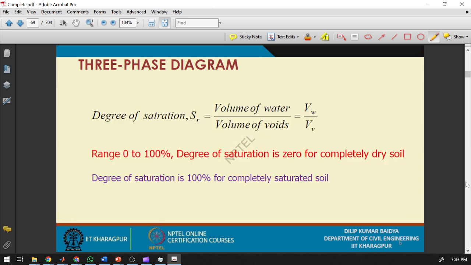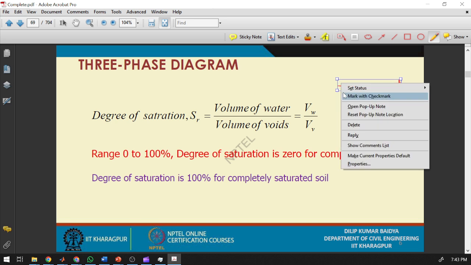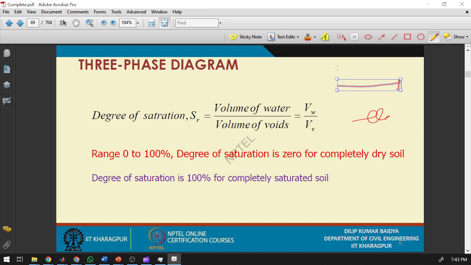Degree of saturation, if we talk about it, is like telling you about, just as I showed you, if this entire length is the volume of voids, the volume of water is somewhere here, isn't it?